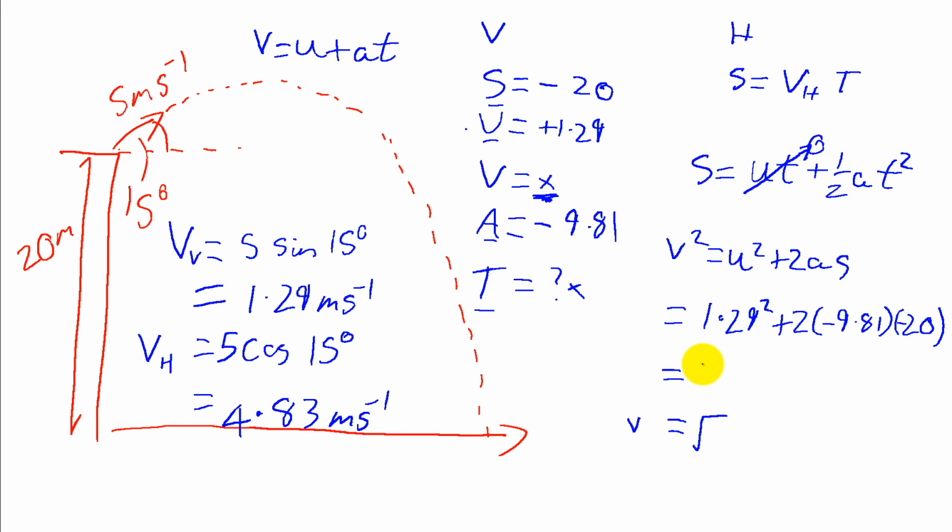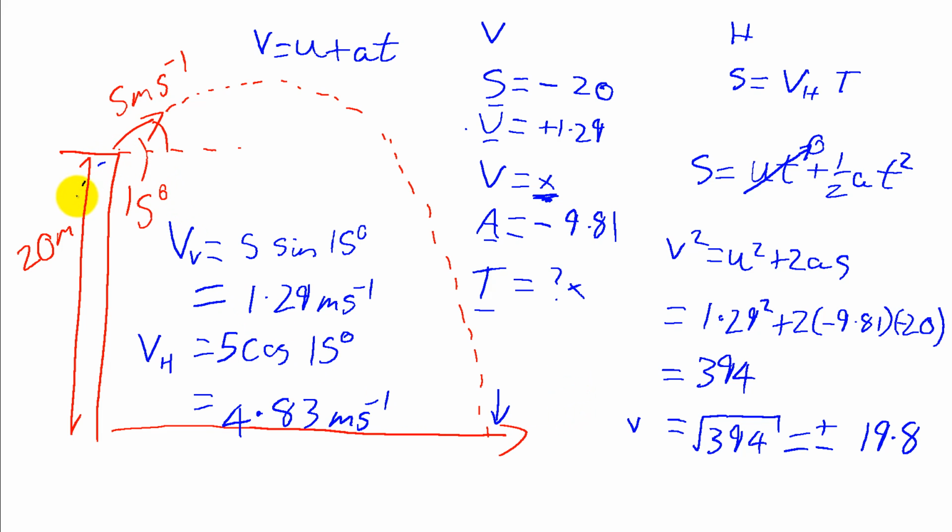When we punch this in, this gives us 394. The square root of 394 gives us plus or minus 19.8. Because we've taken the square root, we're going to get plus or minus its value. What that actually corresponds to, we can see at this point our velocity is going to be downwards, so our vertical component will be negative 19.8.